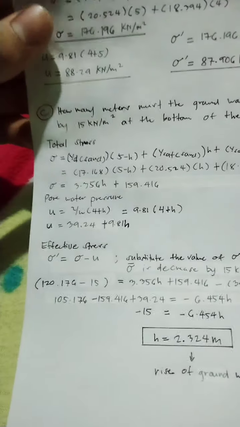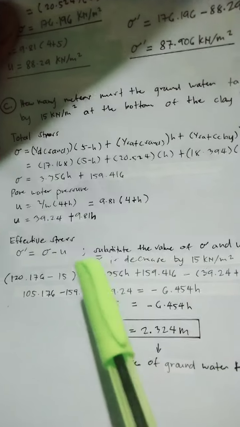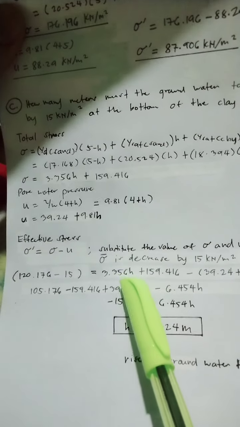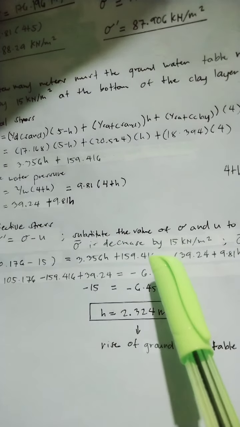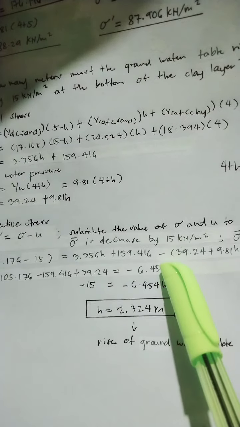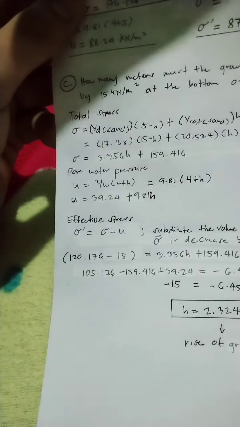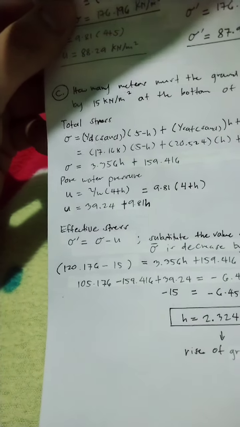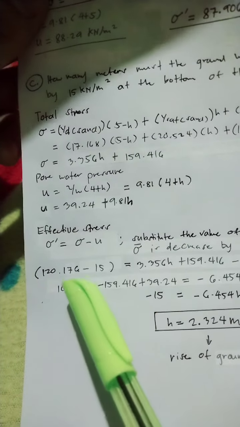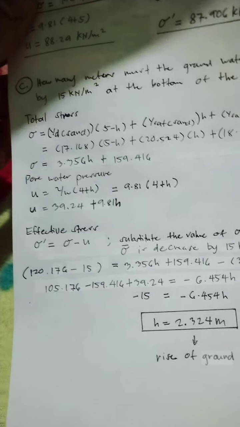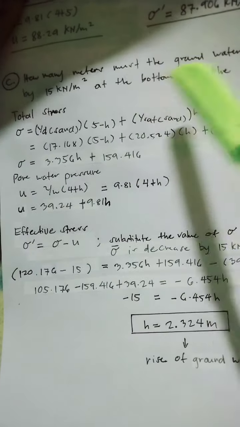Then we substitute the values of the total stress and pore water pressure: 3.356H plus 159.416 is the total stress, minus 39.24 plus 9.81H, which is the pore water pressure. Our effective stress is 120.176, which is already given, and the problem says the effective stress decreases by 15 kilonewton per meter squared.